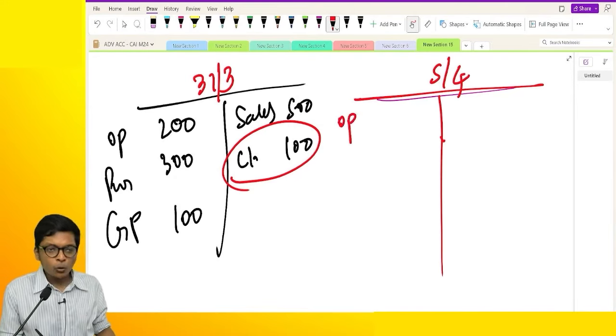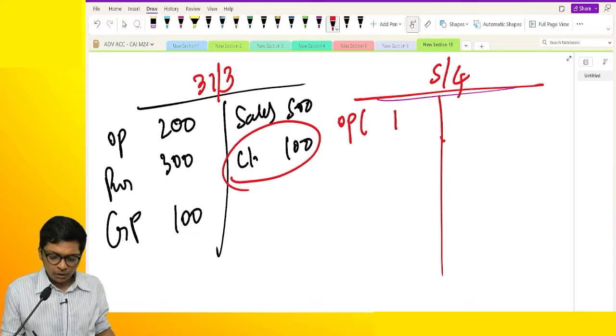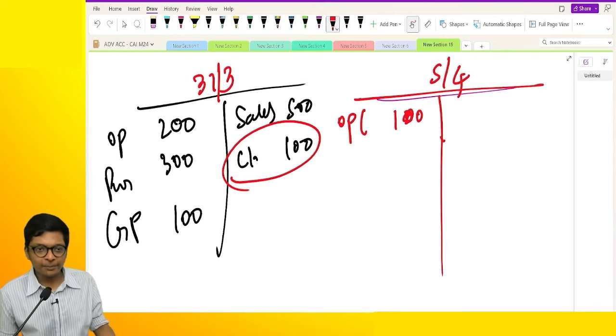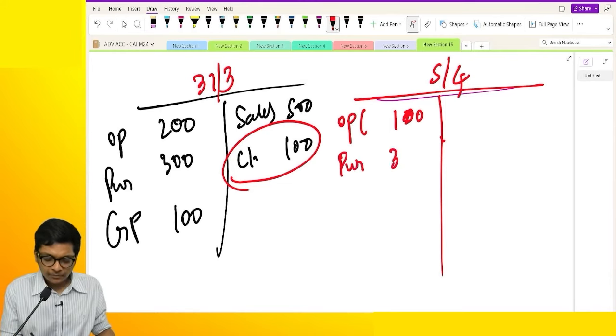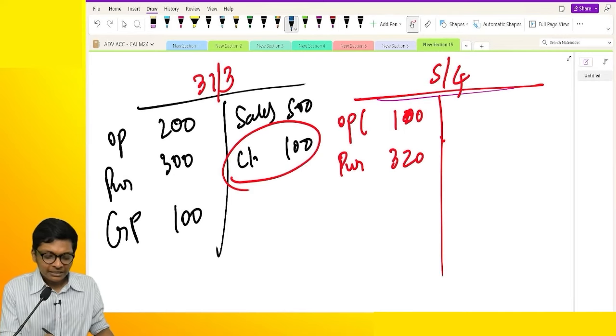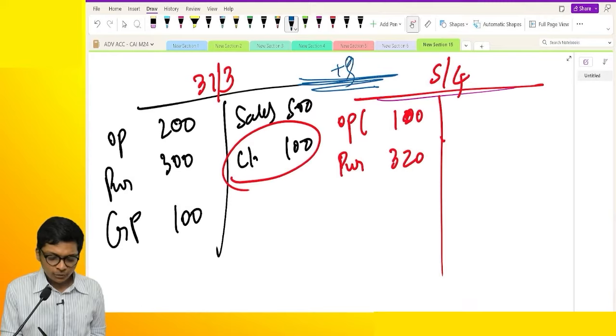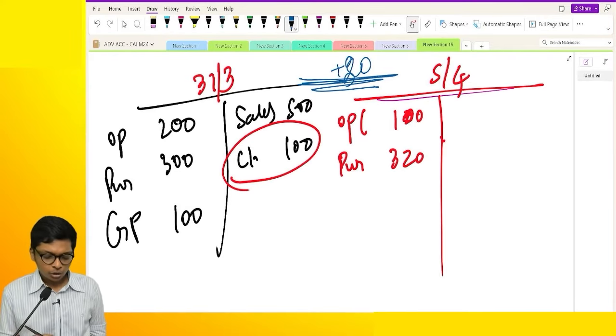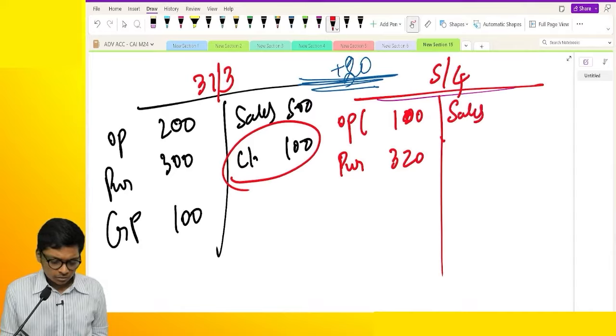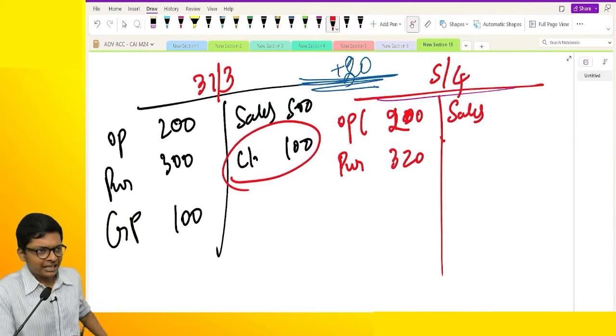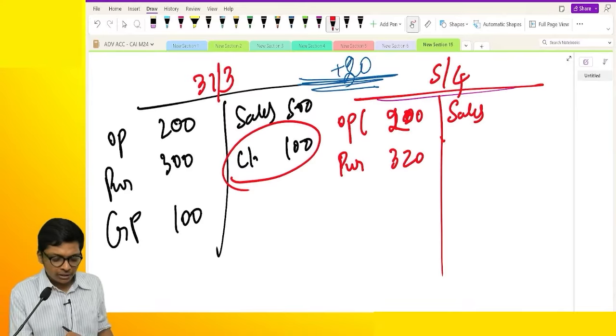So on 5th April, let's keep opening stock the same at 100 for simplicity, and purchase became 320. How 320? In these 5 days, I purchased plus 20.